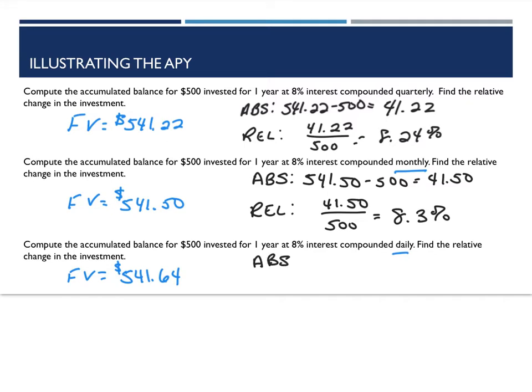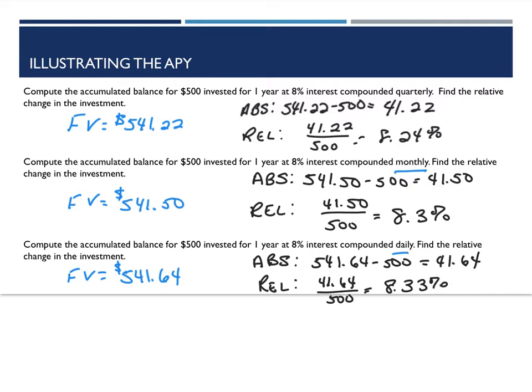Daily, $41.64 is the absolute change, and when we divide, we get 8.33%.